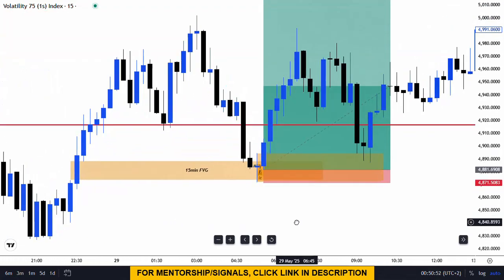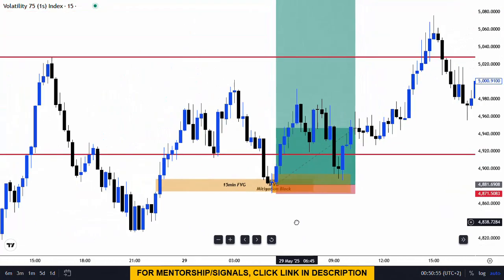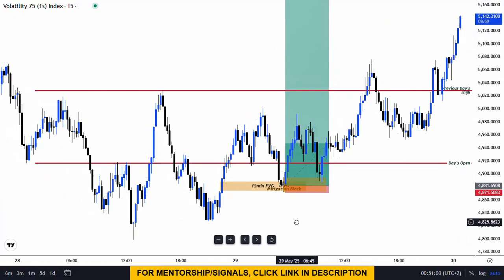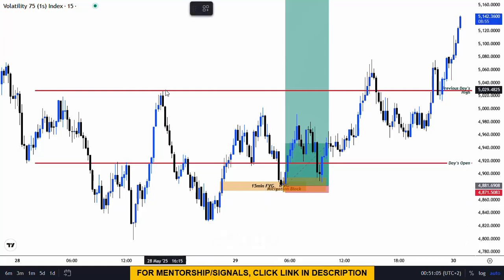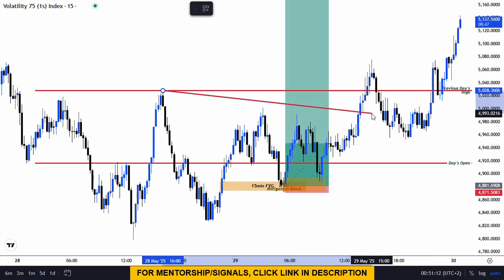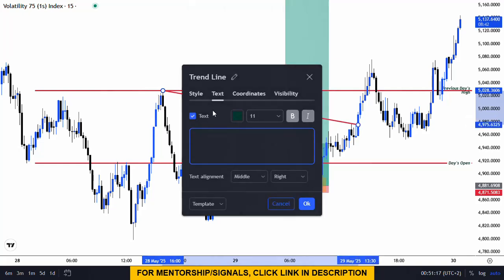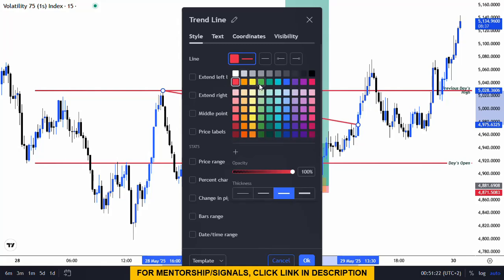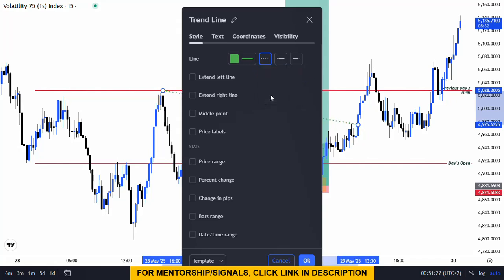Okay, so let's do this. Before price even went to that fair value gap, first of all, I like looking at where price is coming from and where it might go, even on the analysis chart. So what you have here is trend line liquidity. Change the color. Okay, that's better. There's dots.